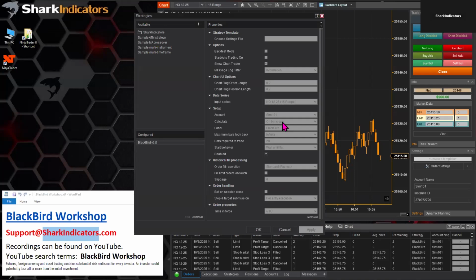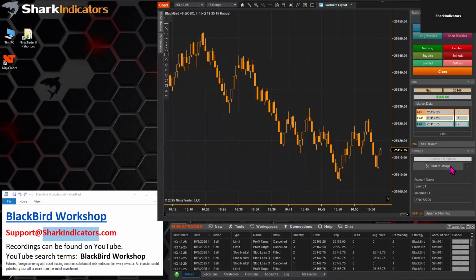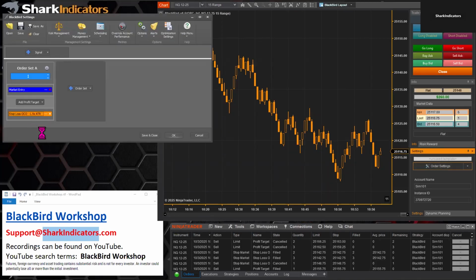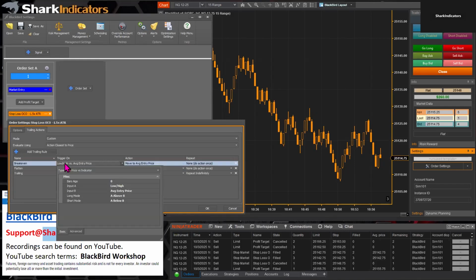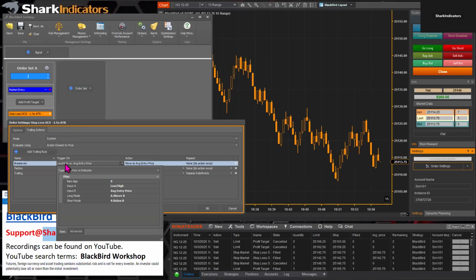You can't violate that. Now, if you have the calculate set to on price change or on each tick, again, you can't violate that calculate decision. So all the prices here that BlackBird receives are based on that NinjaTrader calculate setting.